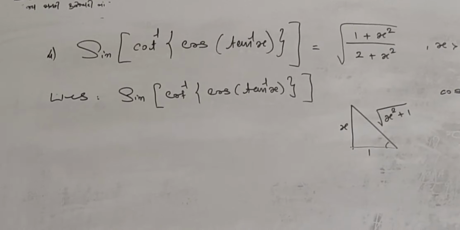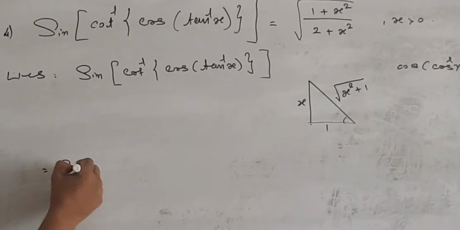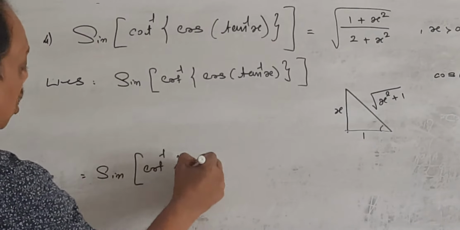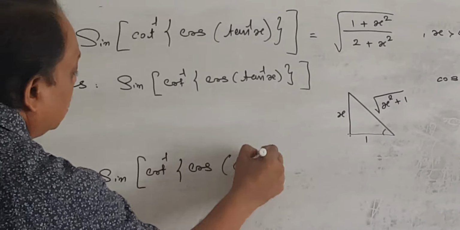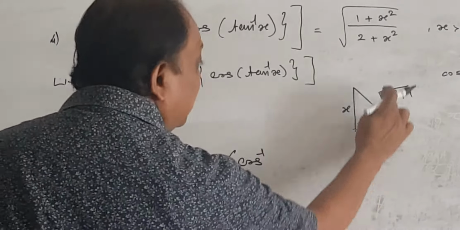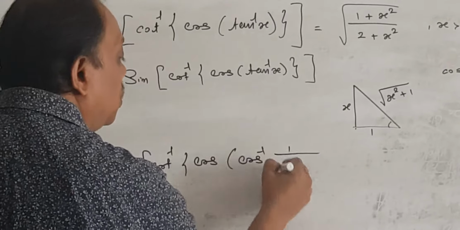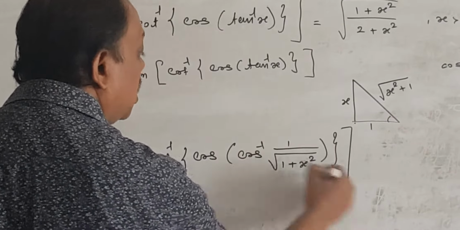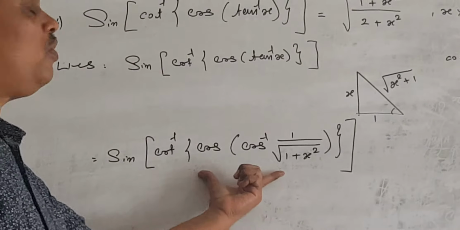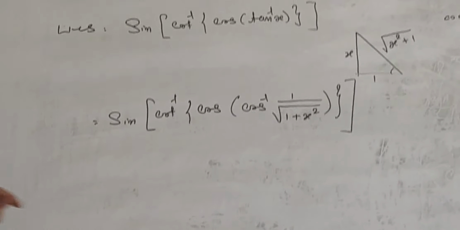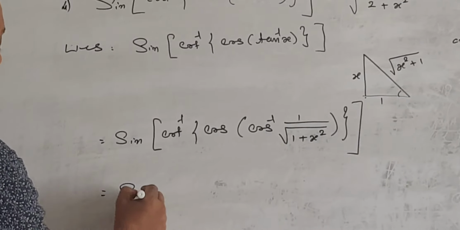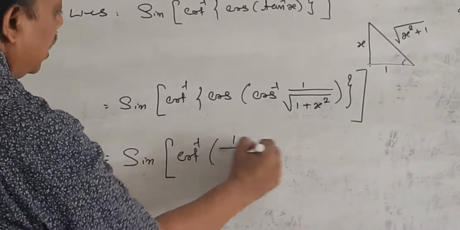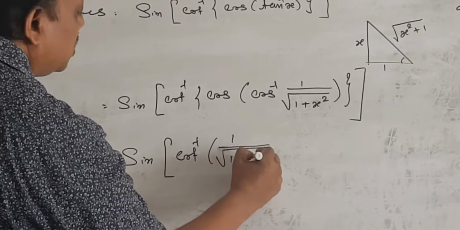Now we have to turn it into cos, so the cos inverse is adjacent upon hypotenuse, so 1 upon root of 1 plus x square. Now this cos of cos inverse y becomes y. So this you can see: sine of cot inverse of 1 upon root of 1 plus x square.